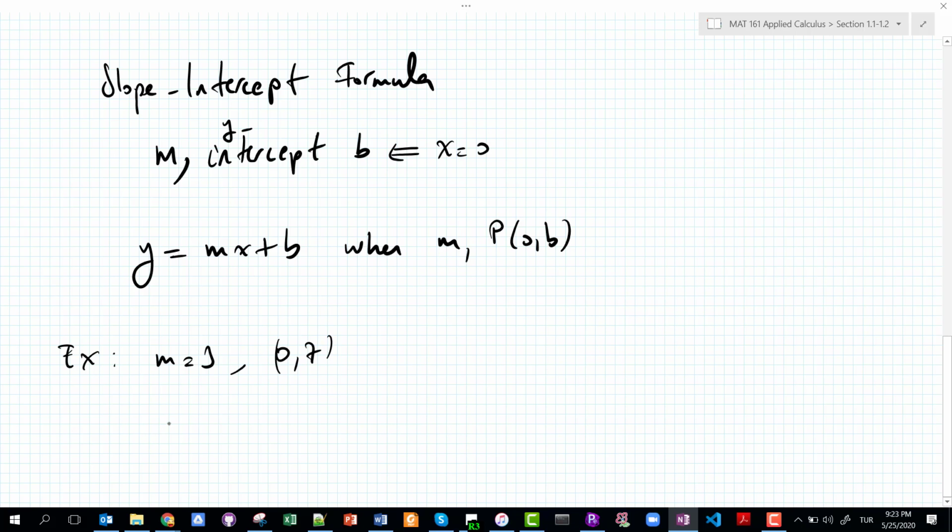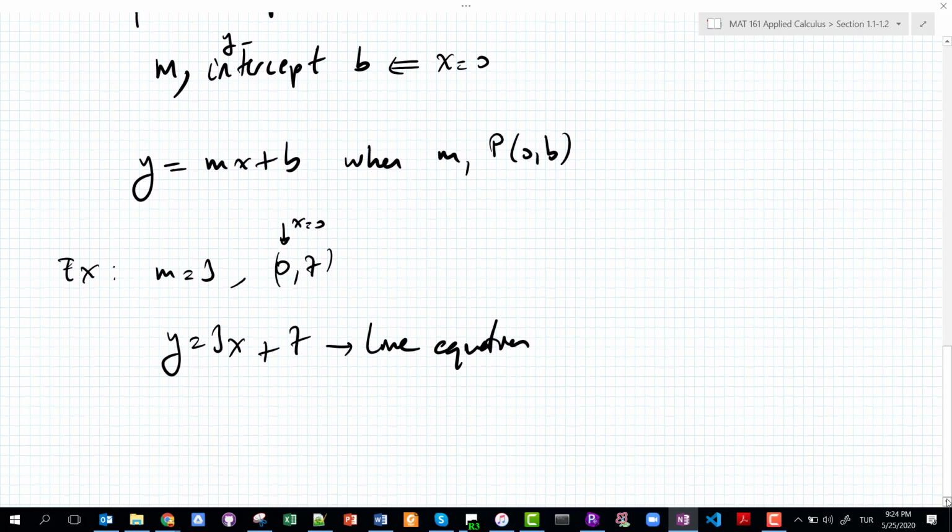From the line equation, you can just put these into place. m is equal to 3, so 3x, and b is 7 from this point, which is the intercept point. How do I know this is the intercept point? Since if x equals 0 and I plug it into the equation, that will give me the intercept point. So my line equation for this slope and point is going to be this one.